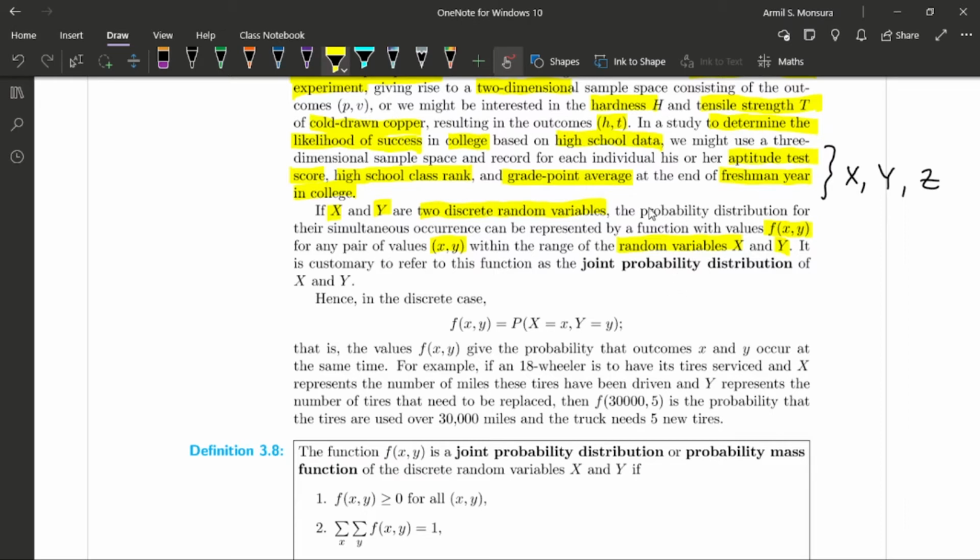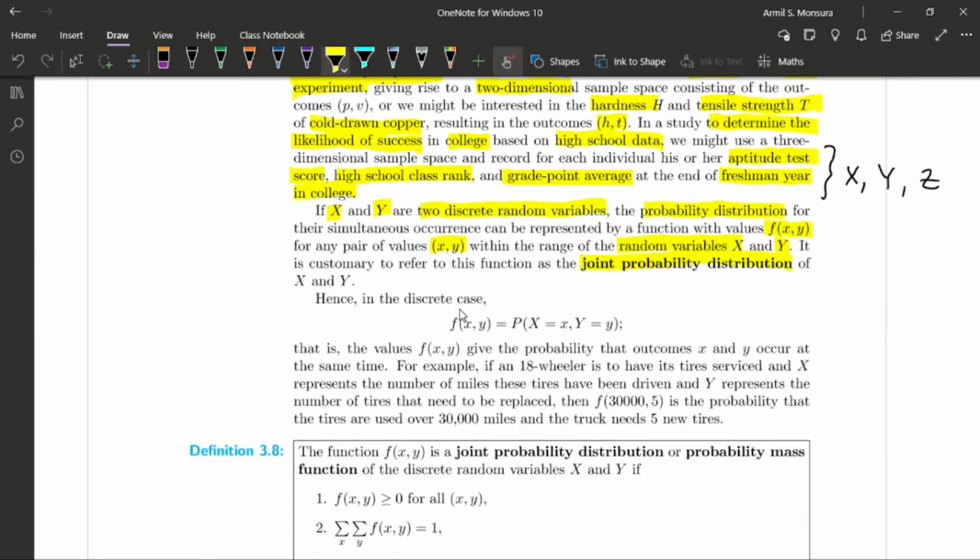Okay? So, yung probability distribution nung ganong scenario is depicted or is described using this notation, f of x and y. Okay? And it is customary to refer to f of x, y as the joint probability distribution of x and y. Okay?